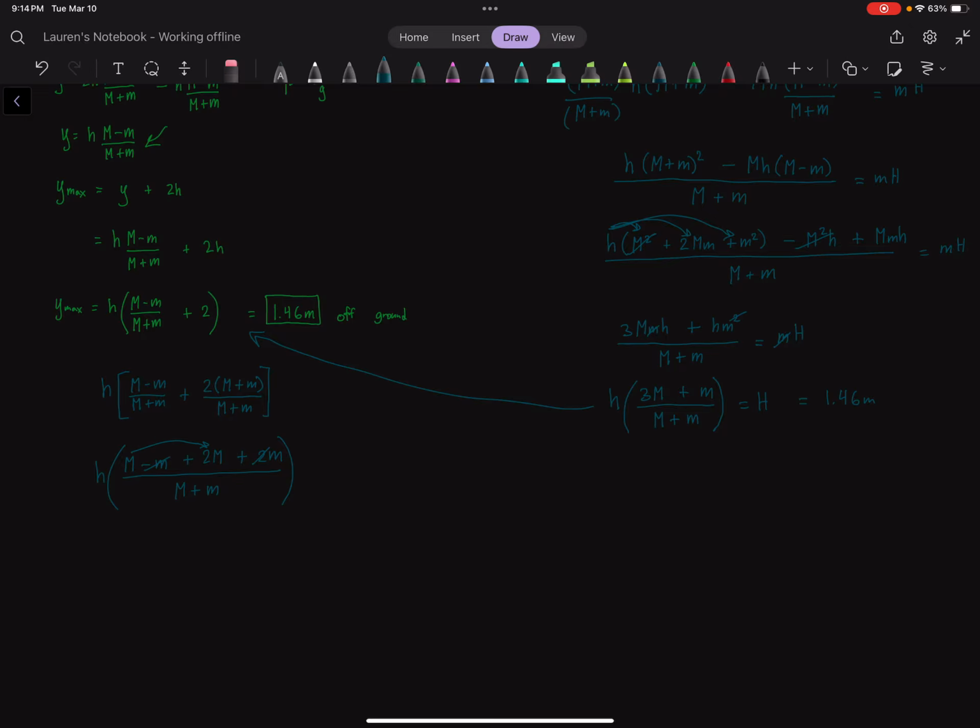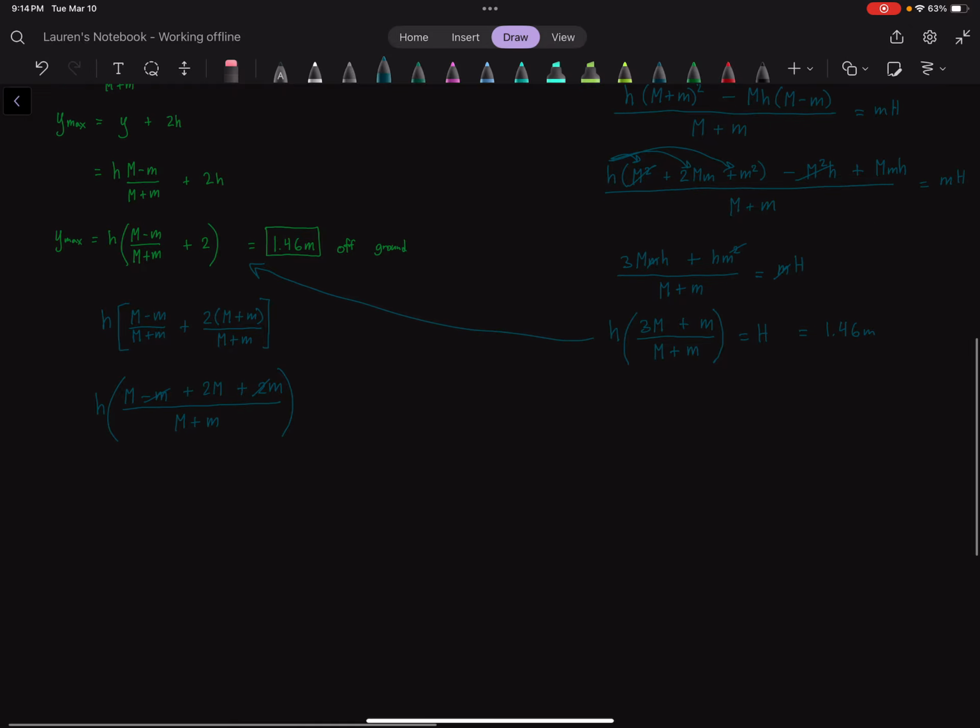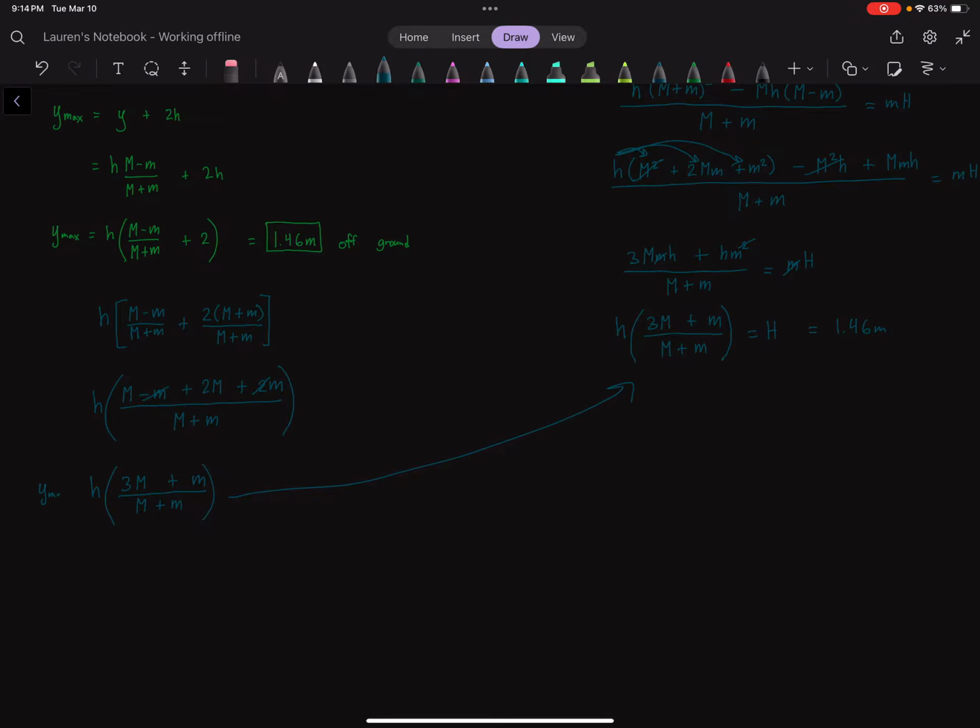And this is going to add to that guy. Can you see it? So h times 3 big M plus a single little m over big M plus little m. And that does indeed match what we got. So that is our y max. And should be the same, and it is.